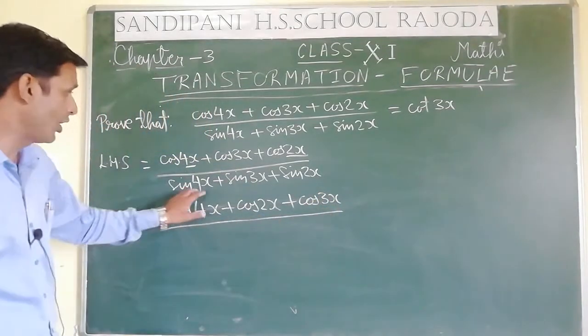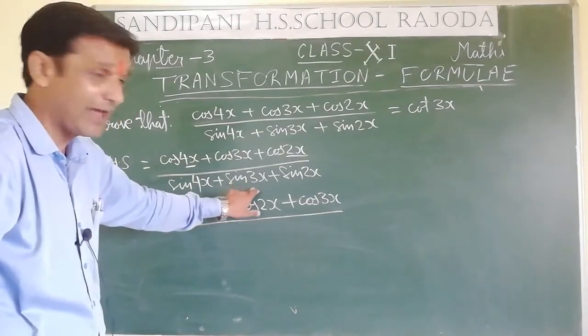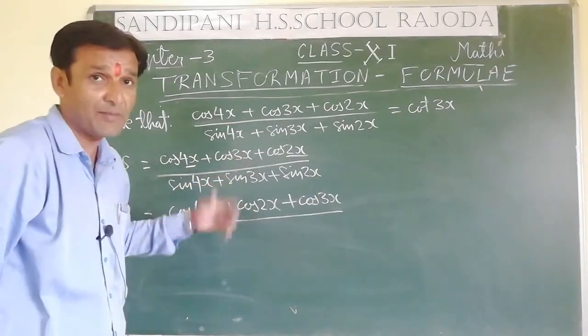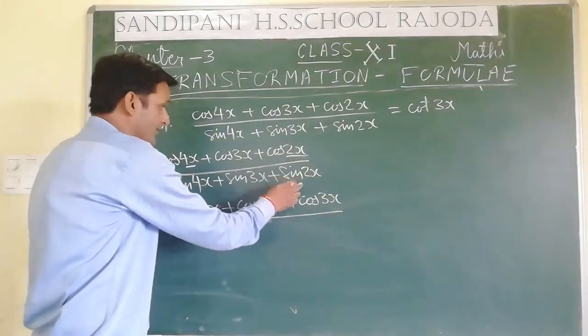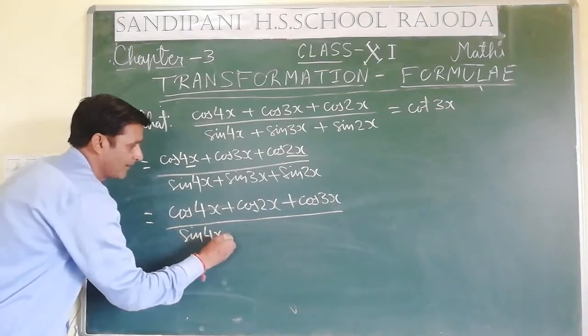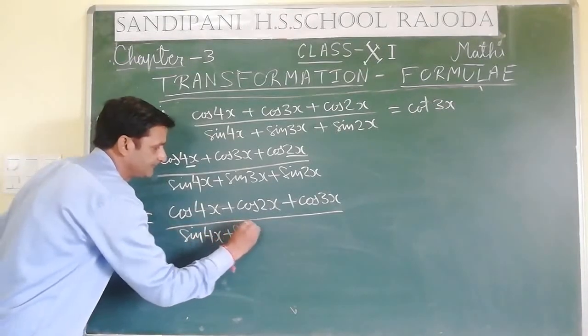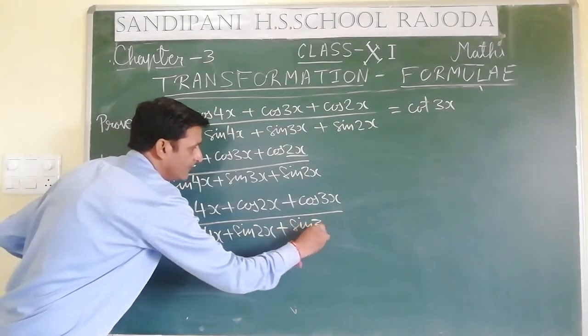In the denominator also the same problem is there: 4x plus 3x, if we apply it, will be 7x by 2, which is not divisible by 2. That's why we have to take these two terms. So it will be sin 4x plus sin 2x plus sin 3x.